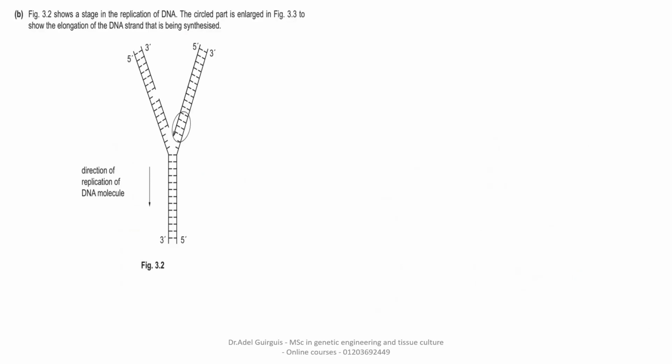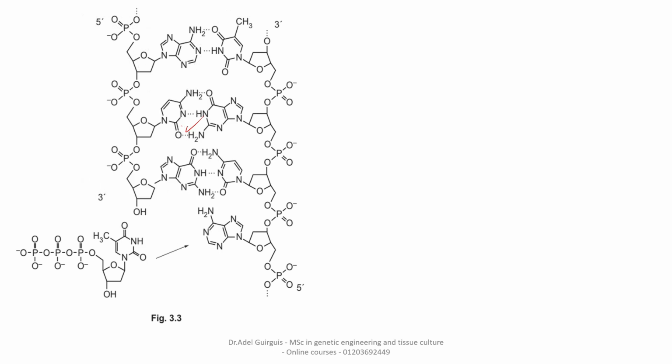Now for letter B, figure 3.2 shows a stage in the replication of DNA. The circle part is enlarged in figure 3.3 to show the elongation of the DNA strand that is being synthesized. Look, as magnification, this magnified circle part in figure 3.3 now.